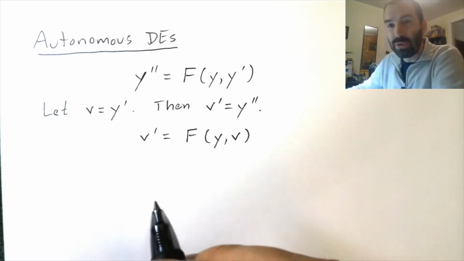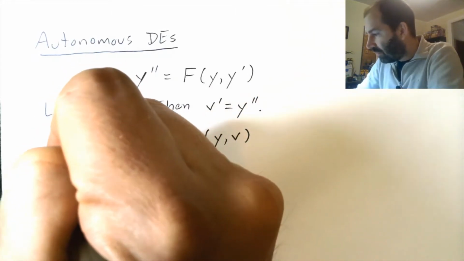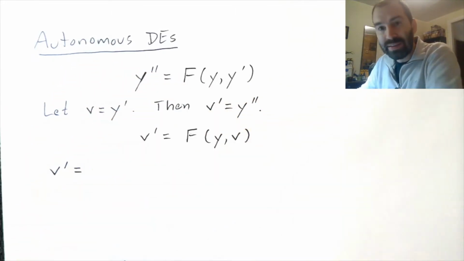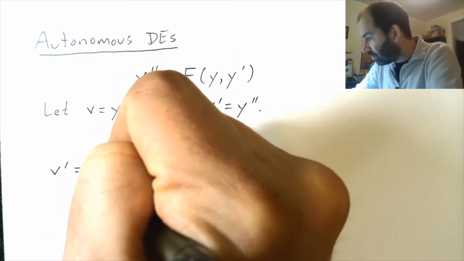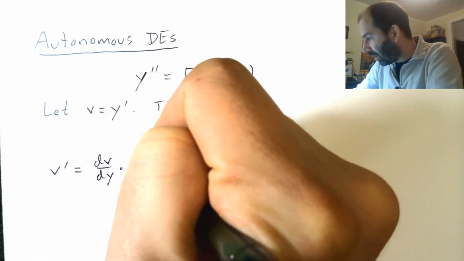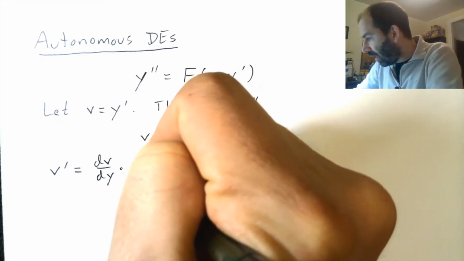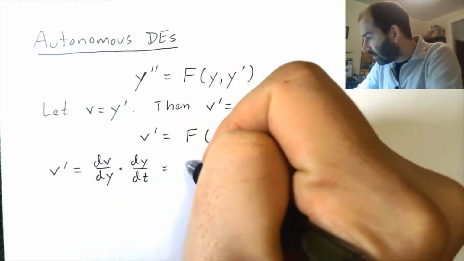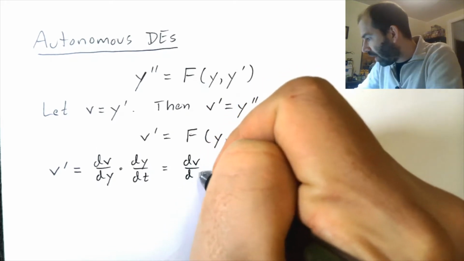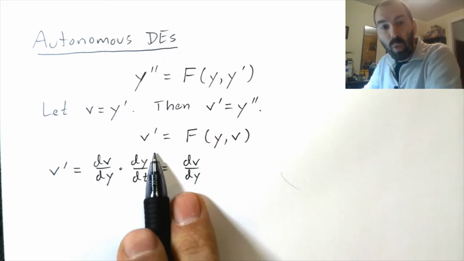The chain rule tells us that v prime, the derivative with respect to t, is the derivative with respect to y multiplied by the derivative of y with respect to t. Okay, in other words, it's equal to dv/dy times y prime.